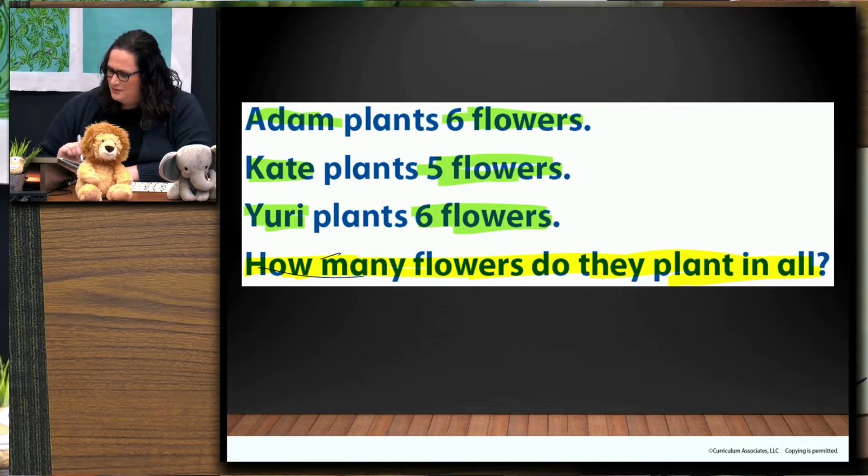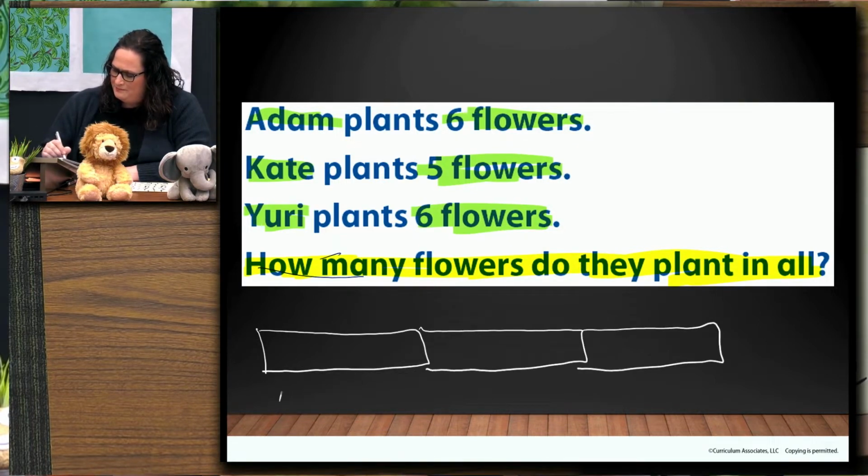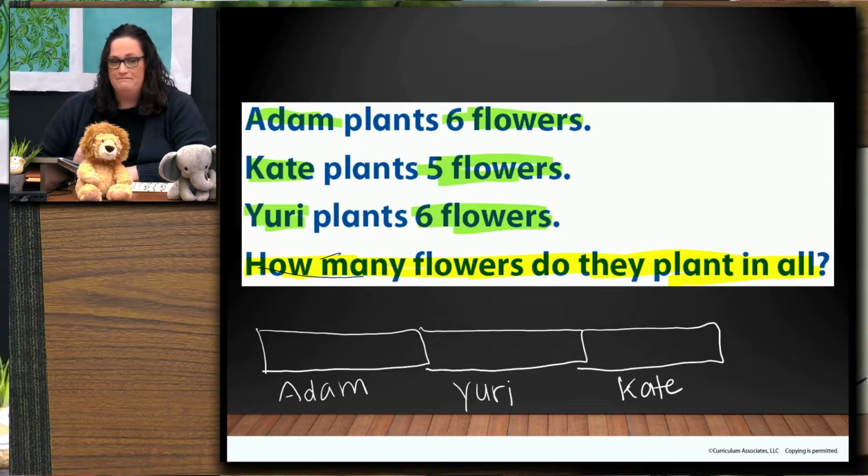What could we do? Oh yeah, we could make bar models. We can label underneath them too. So we've got Adam, Kate. Actually, I'm going to put Kate here because this one's a little bit smaller and she has the least. And Yuri. Okay, so I've got my people. Now what do I need to do?